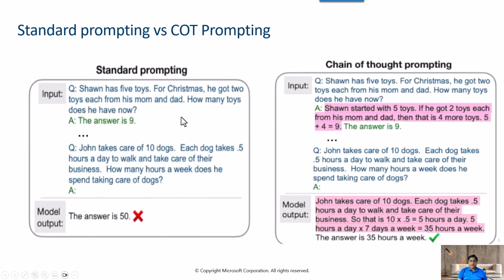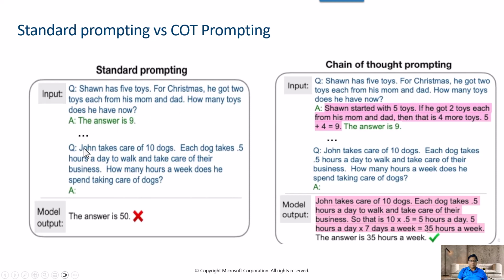So what is the difference between chain of thought prompting and standard prompting? Standard prompting is one example given here. Suppose I ask you a question: Sean has 5 toys for Christmas. He got 2 toys each from his mom and dad. How many toys does he have now? My answer is 9, right?